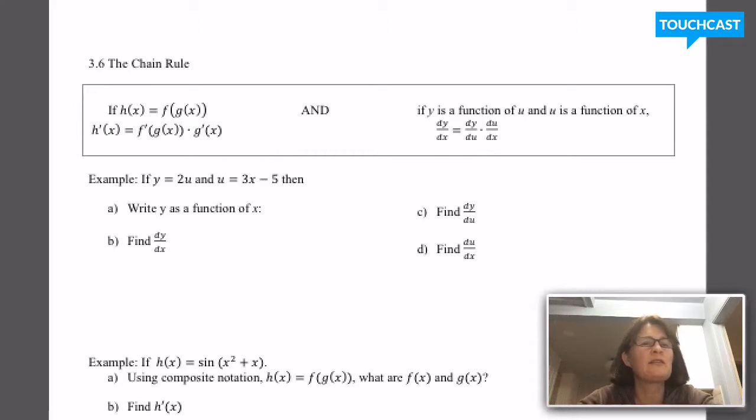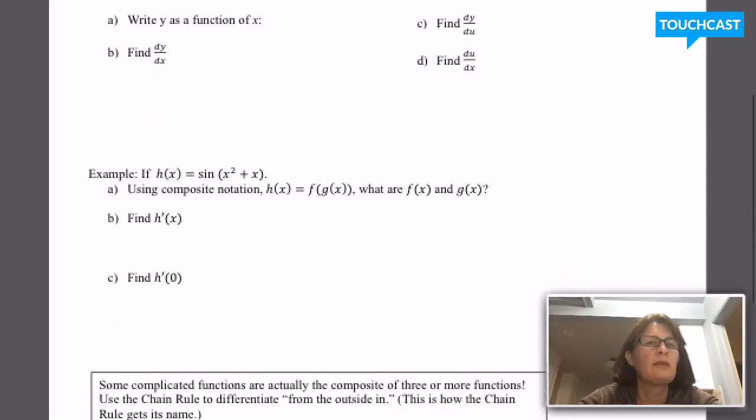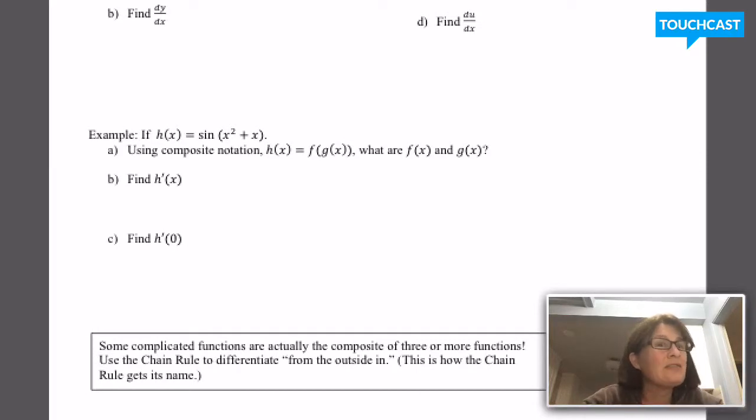So I actually want to start with this example down here. If h of x is sine of x squared plus x, so question number one, question A: if we're going to think of that as f of g of x, what's f and what's g? So it's a little bit like the warm-up question I asked the other day.